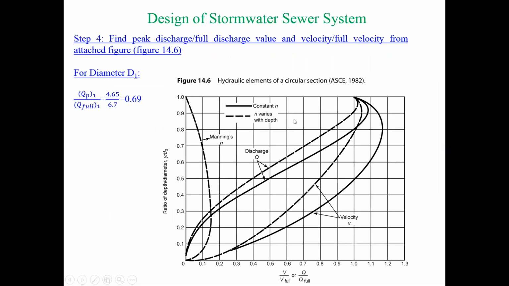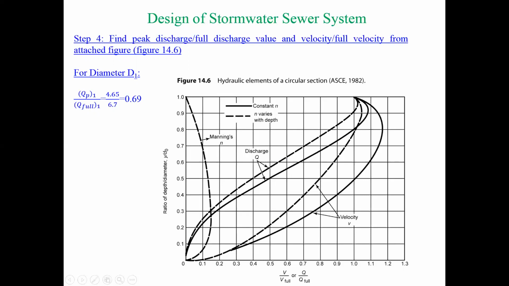And just to remind you, we have 4 lines in total, 2 lines for velocity and 2 for the discharge. The broken line is for n varying with depth, which is not the case for our class example. All the solid lines are for constant n. On the x-axis we have V over V full or Q over Q full.